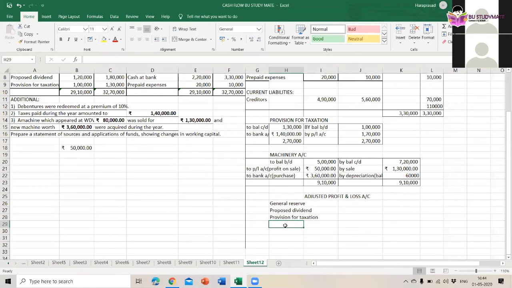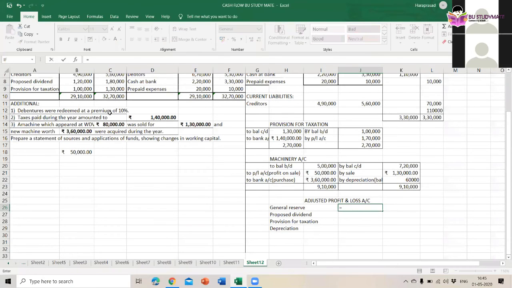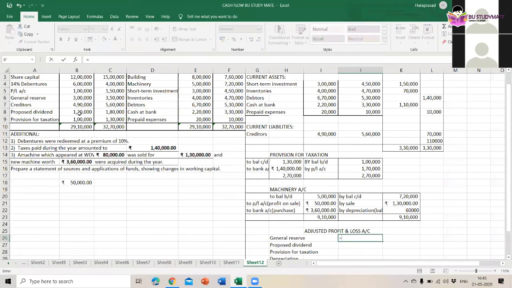Then what all do we have? We look over here while solving the answer. General reserve 3,50,000 minus 3,50,000, we got general reserve, and then proposed dividend 1,80,000 minus 1,20,000.